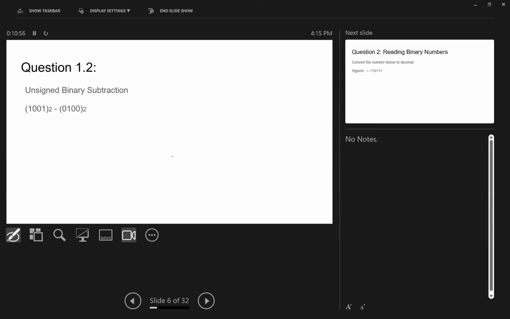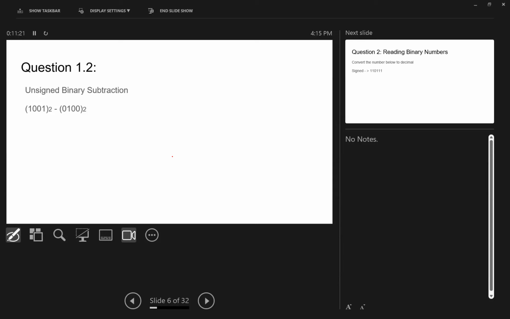And here is just for question 1.2, and you are asked to do the unsigned binary subtractions. So actually, according to the problem set, all these numbers should be treated as unsigned binary representations instead of sign magnitude or 2's complement or 1's complement, right?